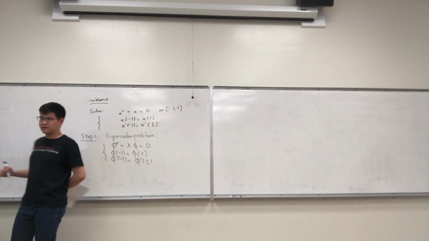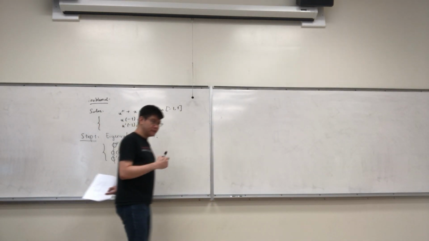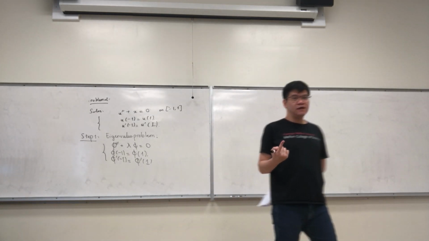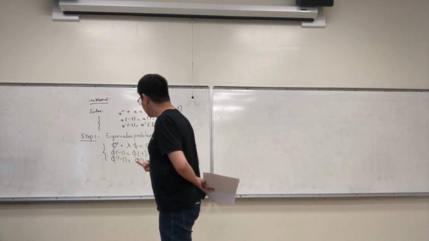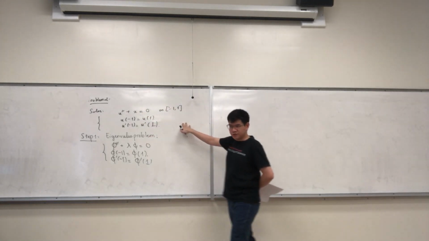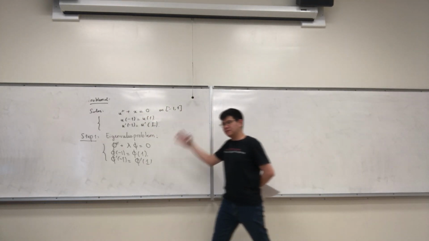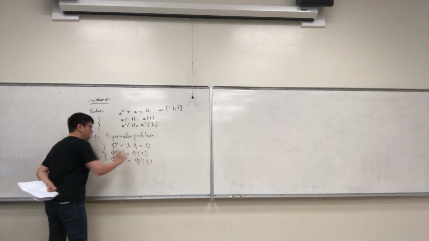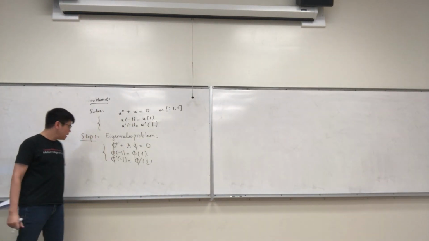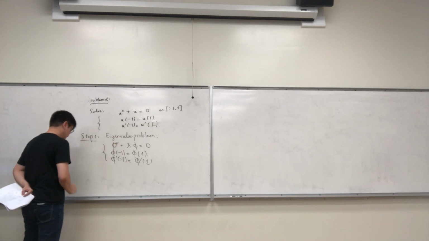When you solve this, I'm going to show you in a couple of minutes that you're going to find the basis that you have for the Fourier series. So basically, the equation here is a Fourier series problem. This is the eigenvalue problem that you have, and now you have to solve it.